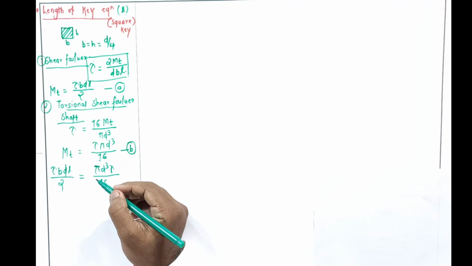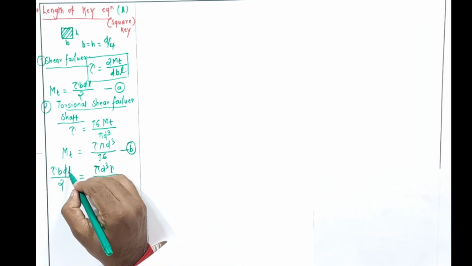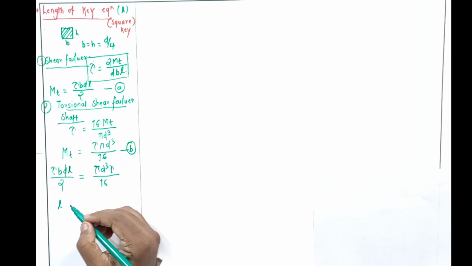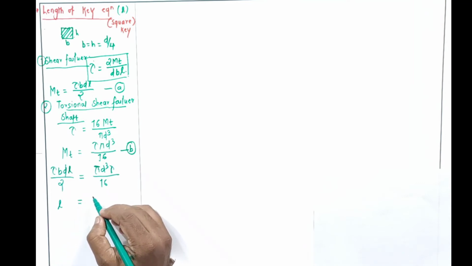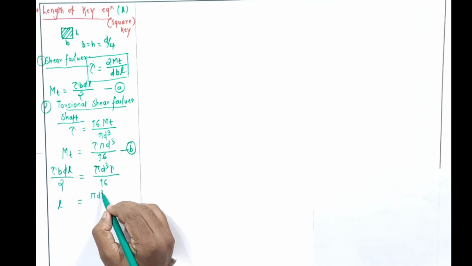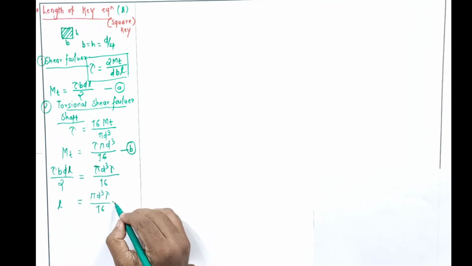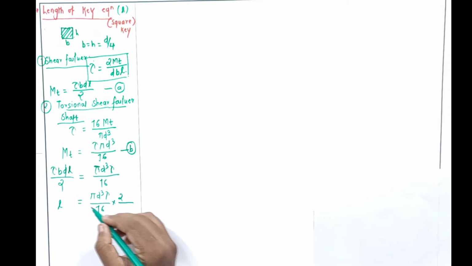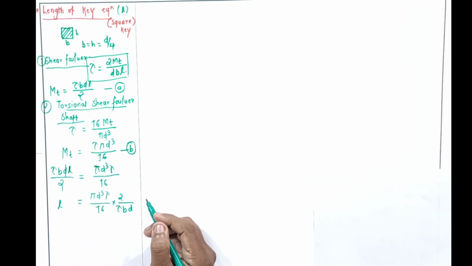After equating this, I realize that the length is situated over here, and our target is to calculate length. So l is equal to pi d cube tau divided by 16, multiplied by 2 divided by tau b d, correct?